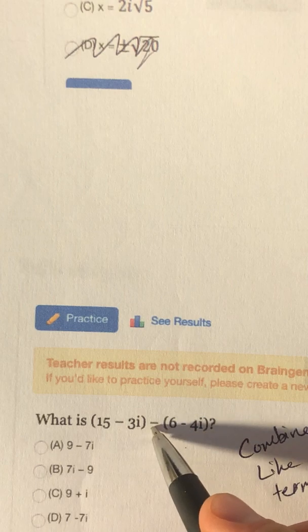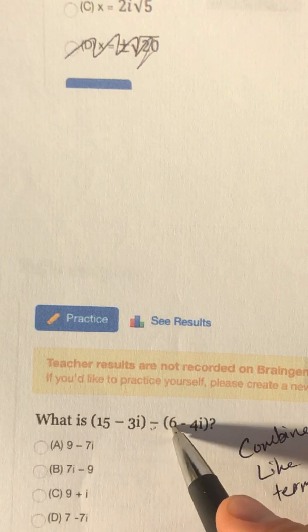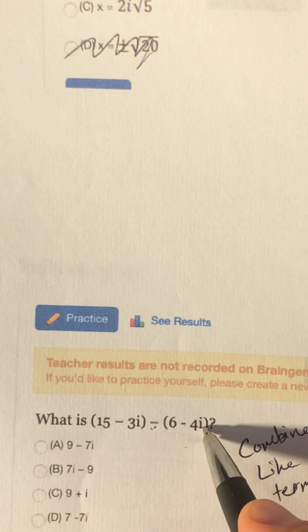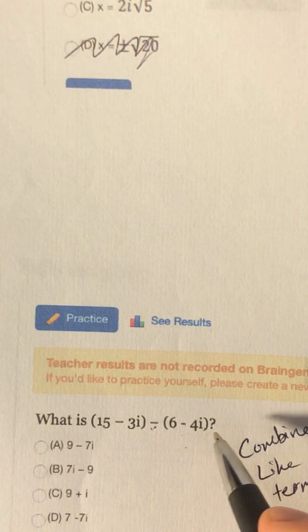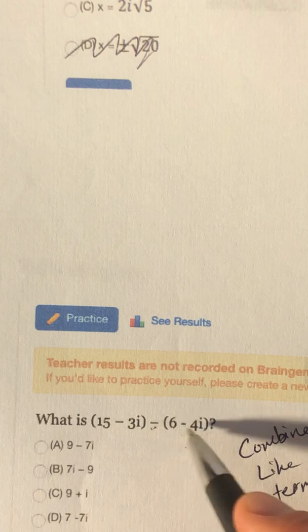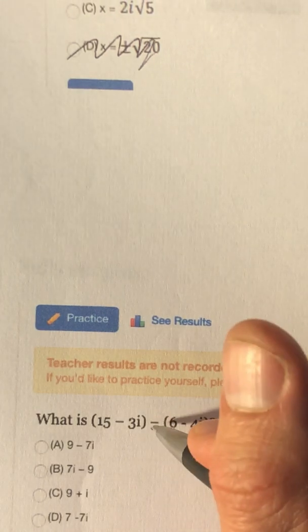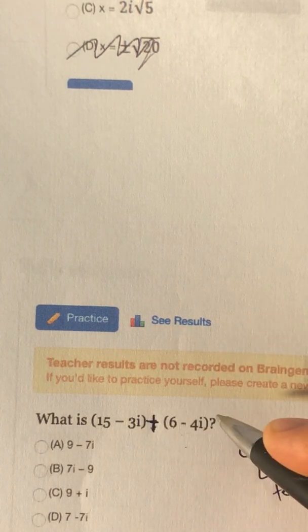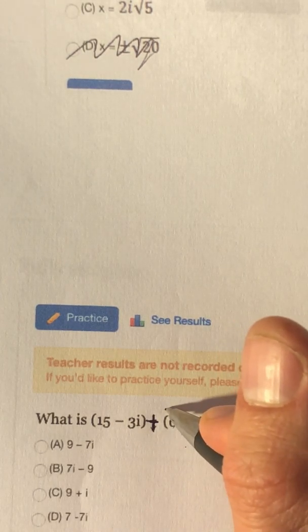The tricky thing is that we're subtracting. So minus 6 seems pretty easy, but then we're also minus negative 4i. And there's a trick to this that we talked about earlier with polynomials, where you can change this to a plus, and then you change all the signs in the next one.